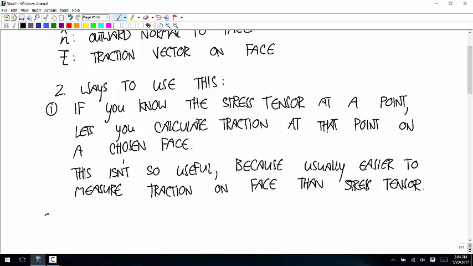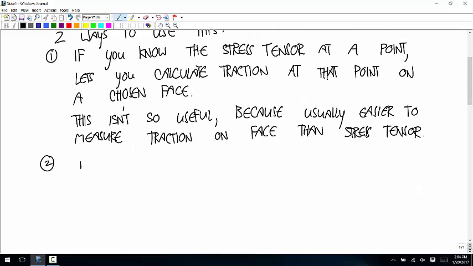And the second way to use this is if you know the traction on a face, it puts limits on the allowable stress tensor at that point.